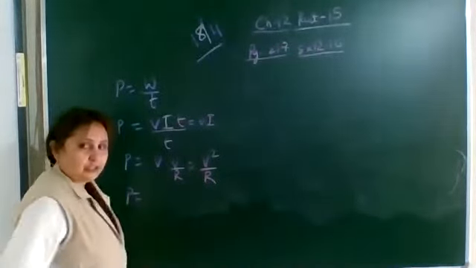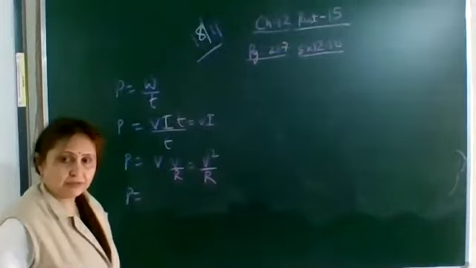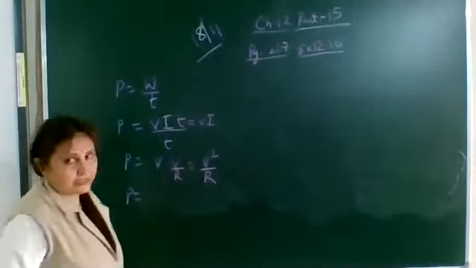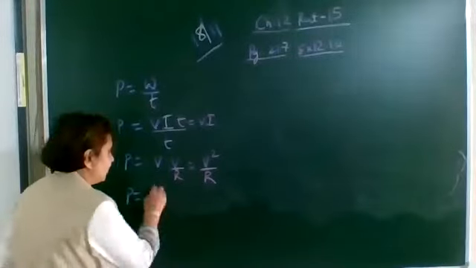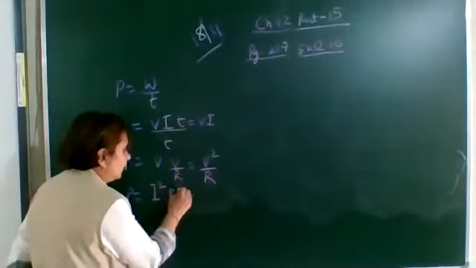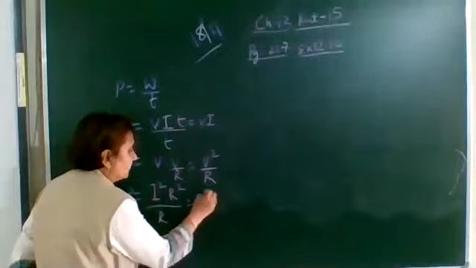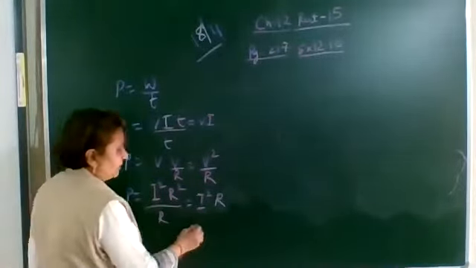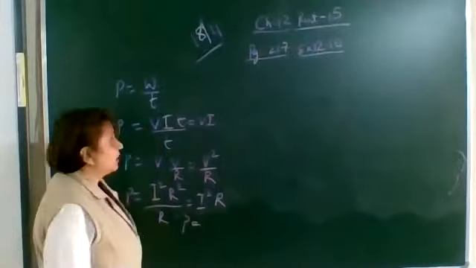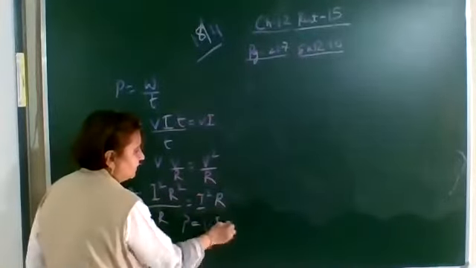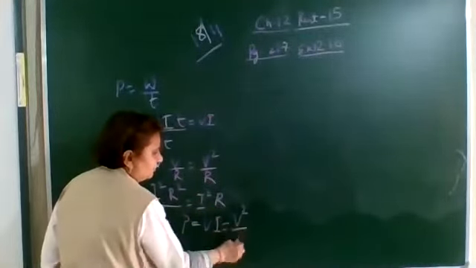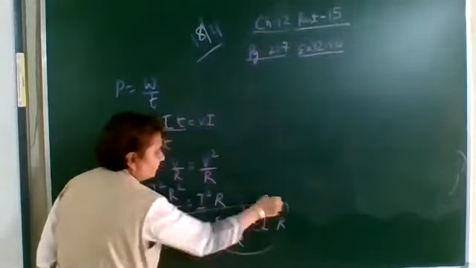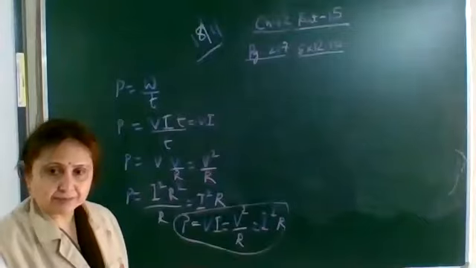Suppose V is not given, but I is given. How will you convert? V is equal to I into R according to Ohm's law, so V square will be equal to I square into R square, and dividing by R, it is also equal to I square into R. So the electrical power is equal to V into I, which is also equal to V square upon R, which is also equal to I square into R. These are the various expressions of electric power.